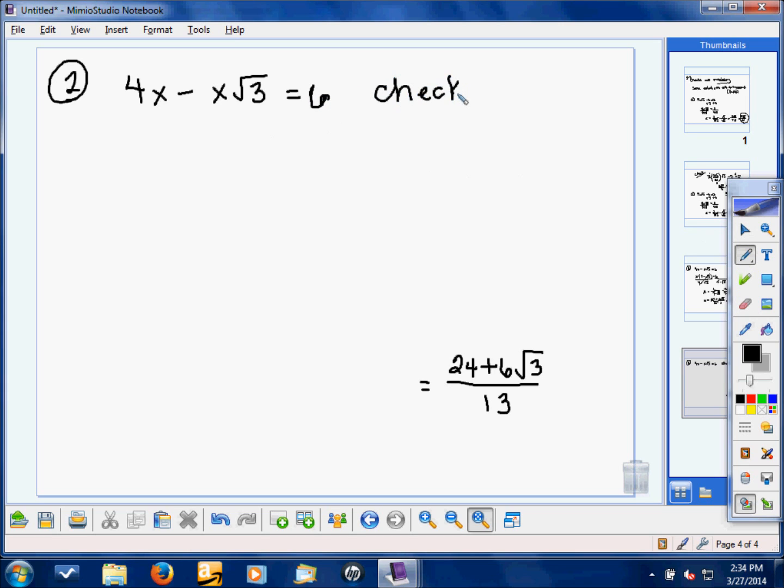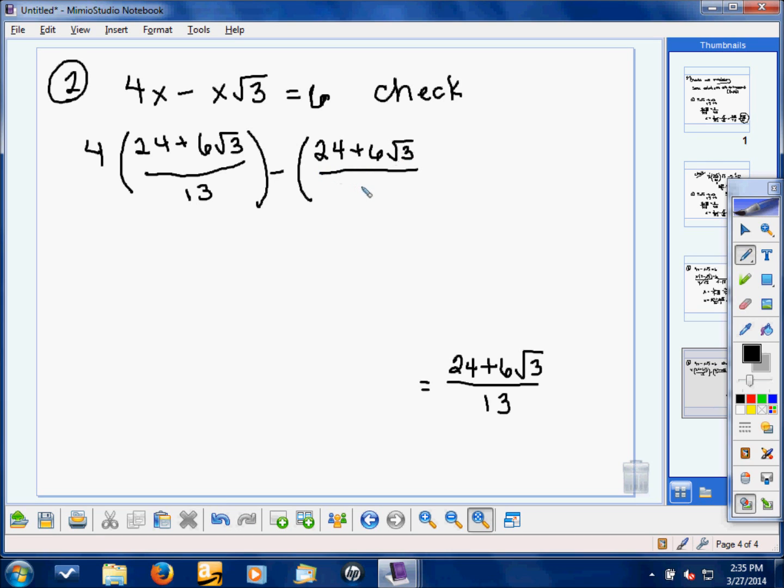Okay, so we're trying to get a total of 6 from when we take 4 times this big mess over 13, minus this thing times the square root of 3.